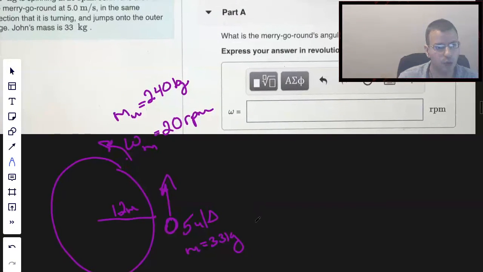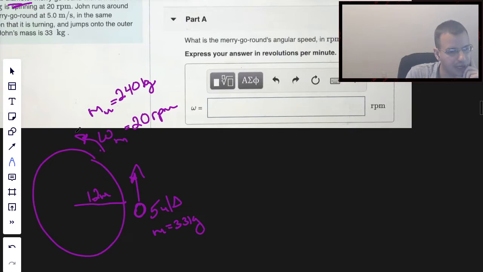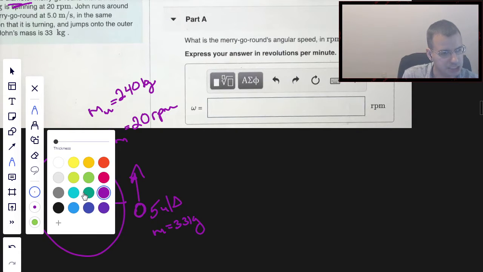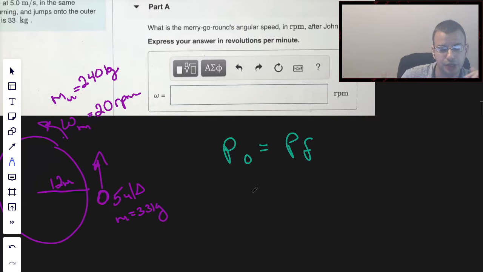So the idea here is going to be conservation of momentum. I'm going to write out my thesis to start with: momentum initial equals momentum final. But we're not really concerned with the linear momentum as much as we are angular, so L for angular momentum. Initial angular momentum equals final angular momentum.